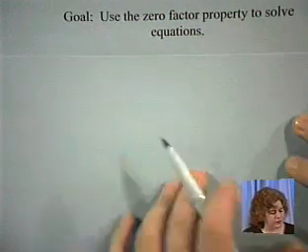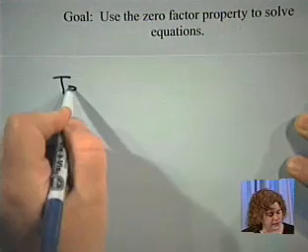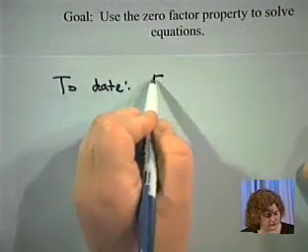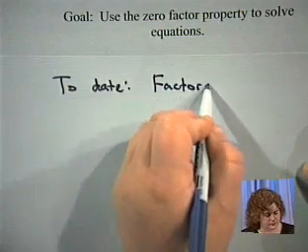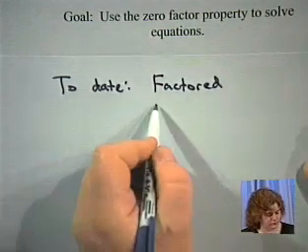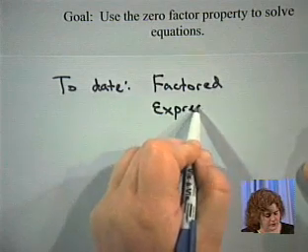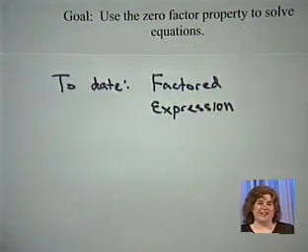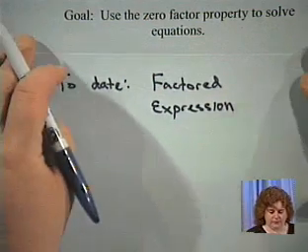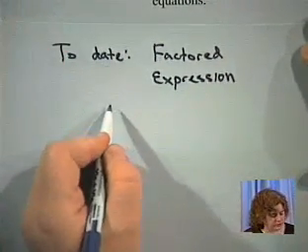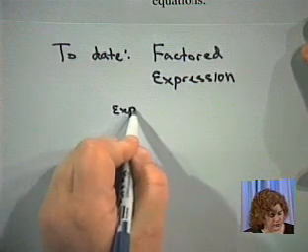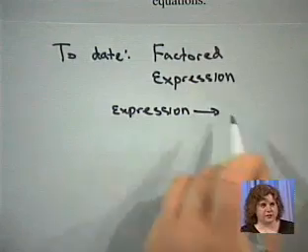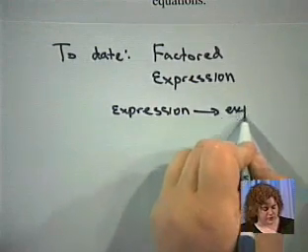So far, we have factored expressions. Now, you might remember an expression is just a bunch of terms. It's not set equal to anything. When you have an expression, you can rearrange it, but you will still end up with an expression.